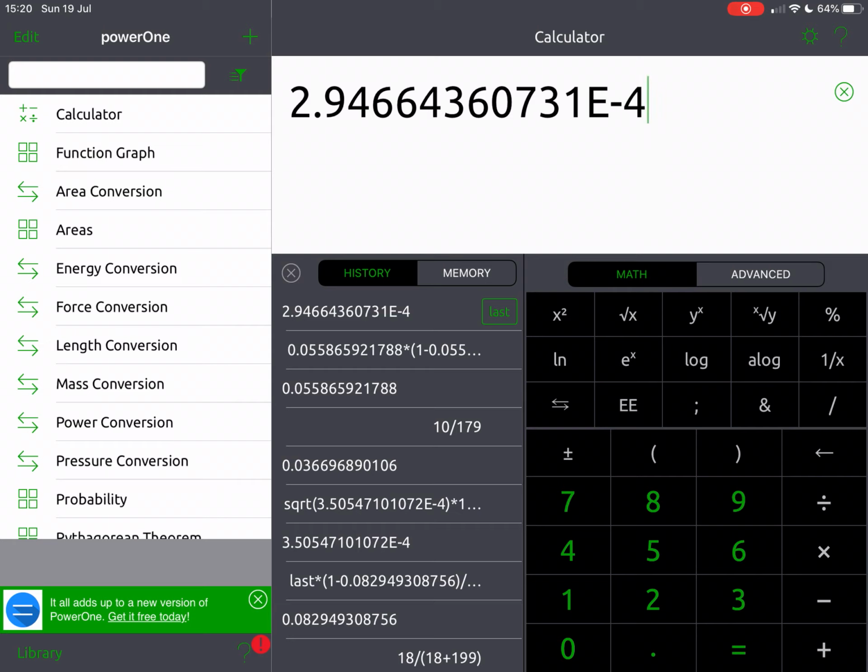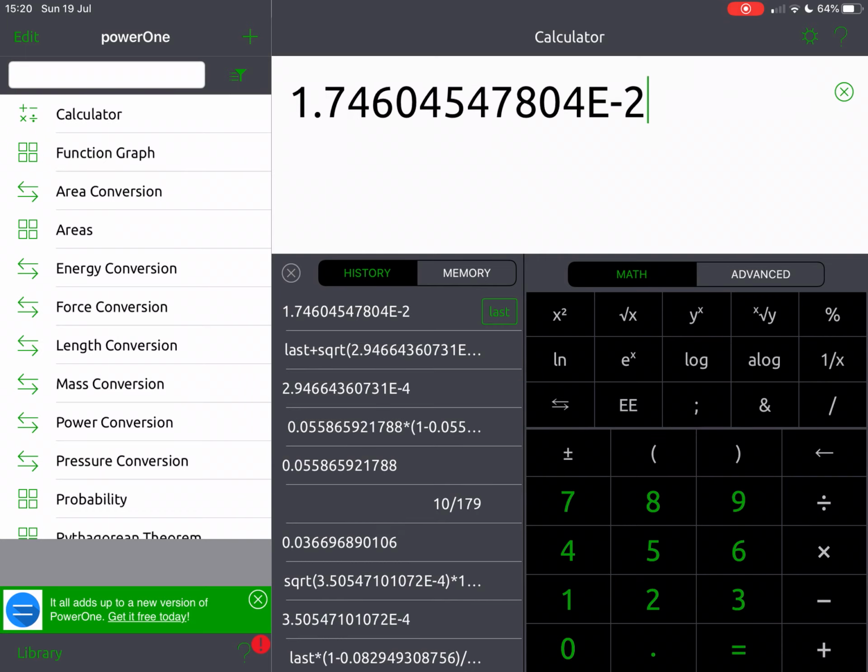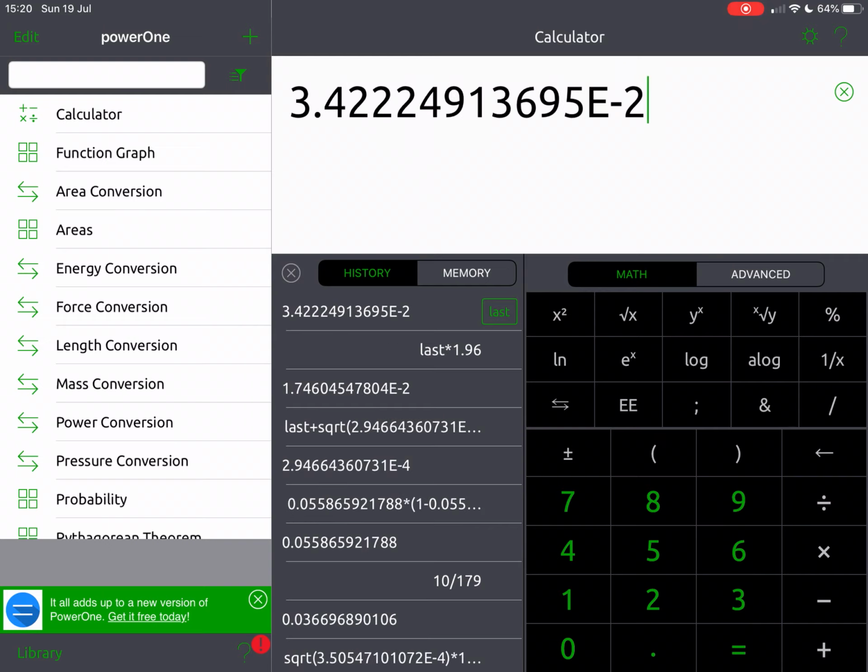So that's this value. We need to take the square root of that, and multiply it by 1.96. So this is the value that we would get for that.